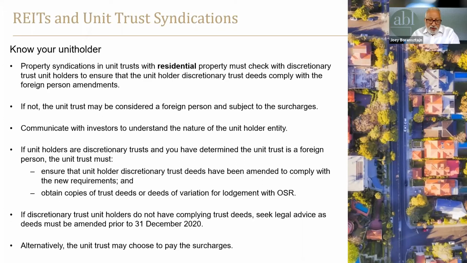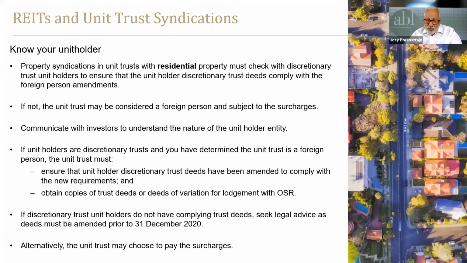And if the unit holders are discretionary trusts and you've determined that the unit trust is a foreign person, then the unit trust must ensure that the unit holder discretionary trust deeds have been amended to comply with the new requirements. You also must obtain copies of those trust deeds or deeds of variation, as there is a lodgement requirement.